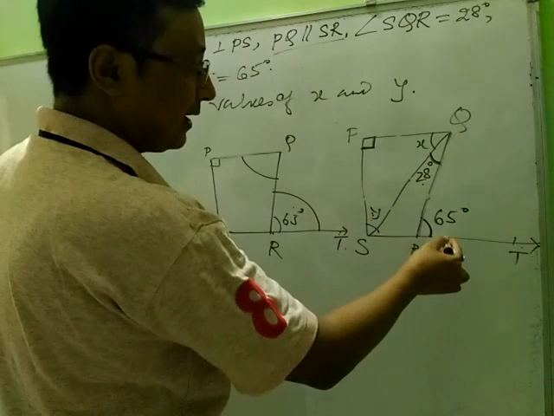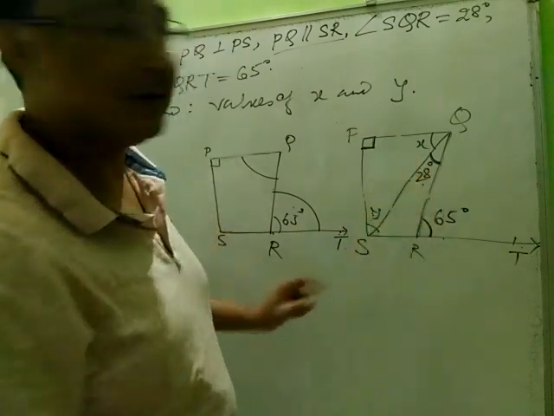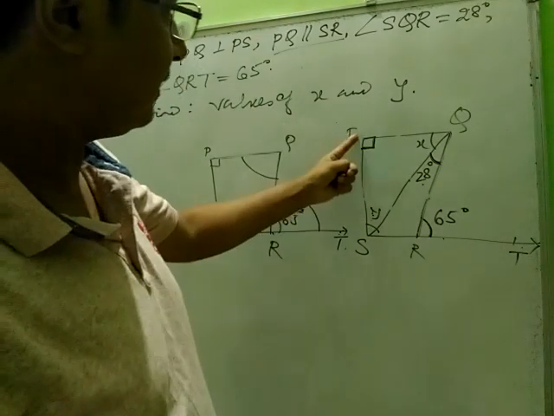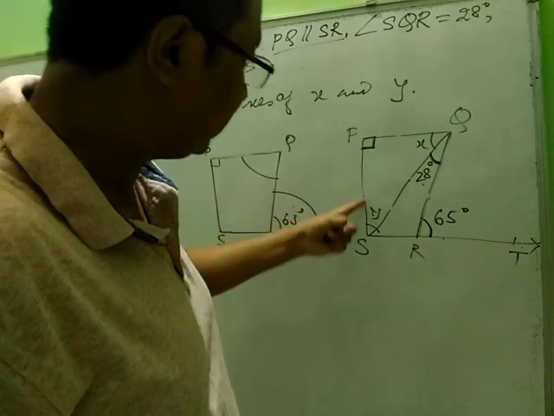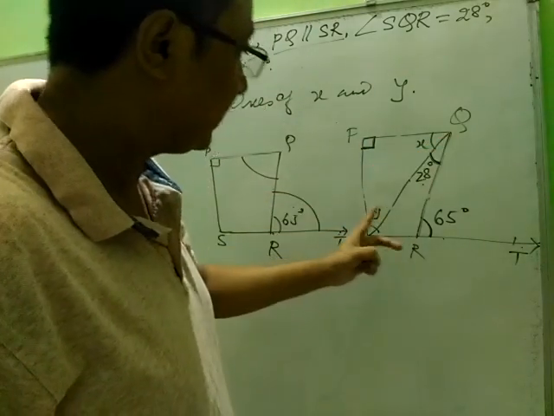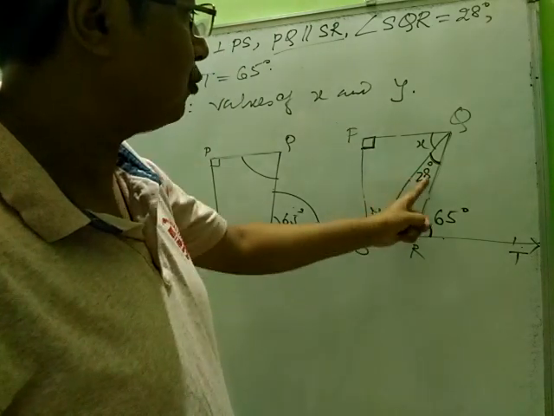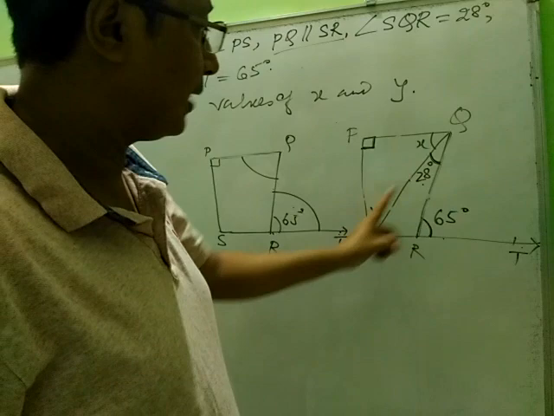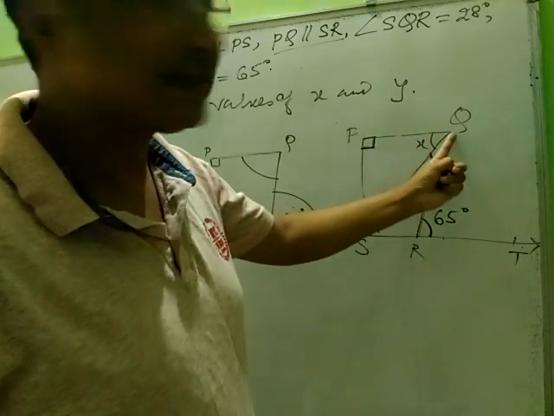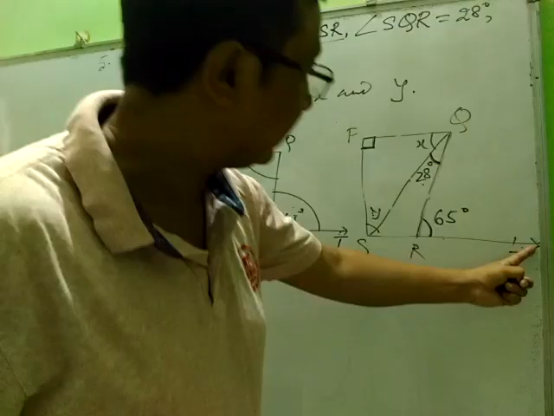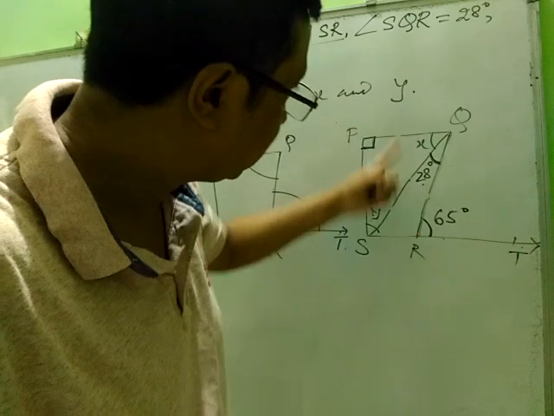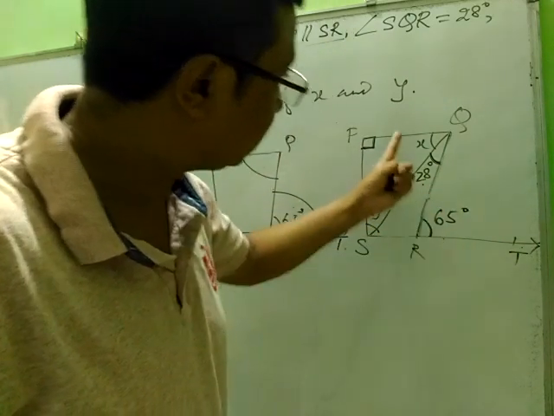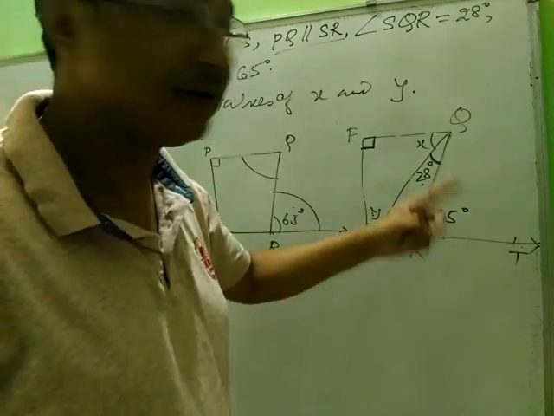Had the lines been parallel, they would form a pair of alternate interior angles, but they have not given that, so there is no connection between these two angles. They are not equal. But this line is parallel to this line, intersected by the line QR, so this angle equals 65 degrees. They form a pair of alternate interior angles.